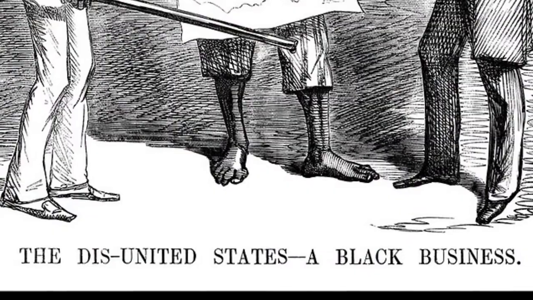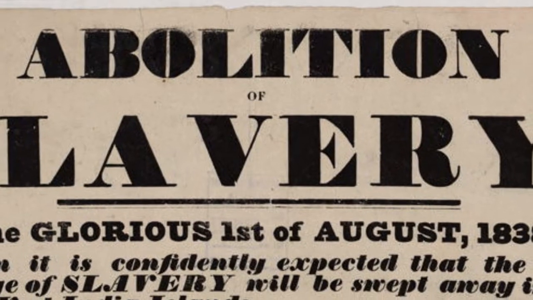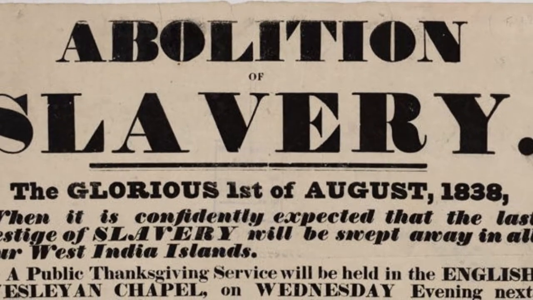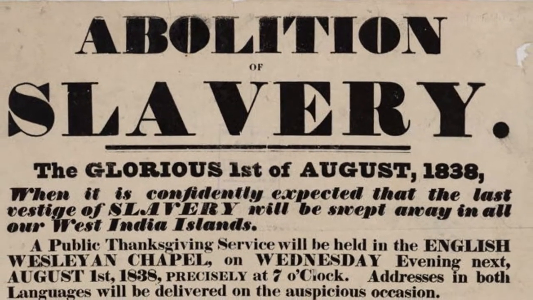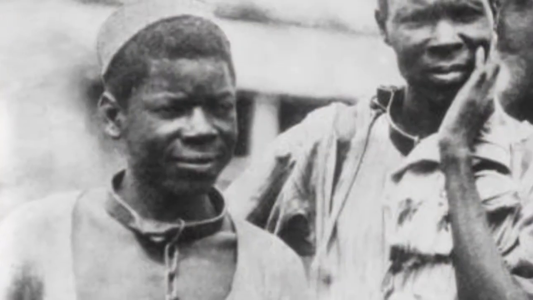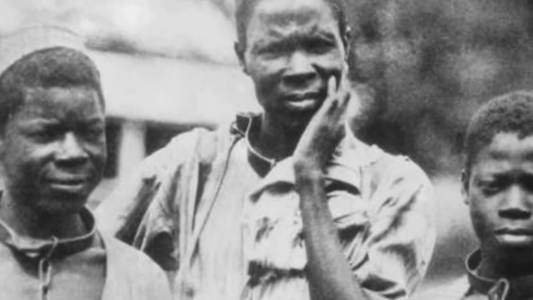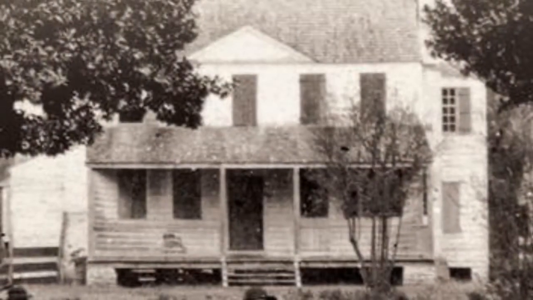There was a growing abolitionist movement in Europe and in the northern United States. Many people in the United States began to imagine a nation without slavery. After all, the United States was one of the few remaining nations using this barbaric system of forced labor.